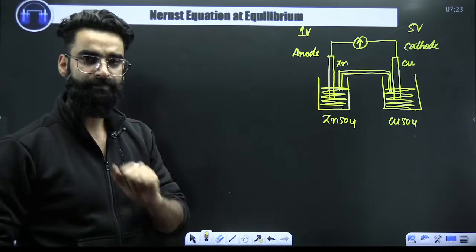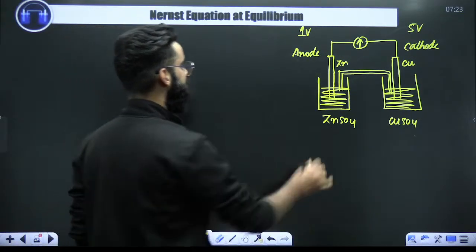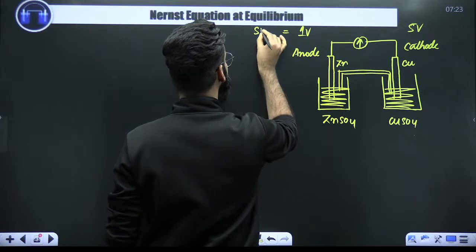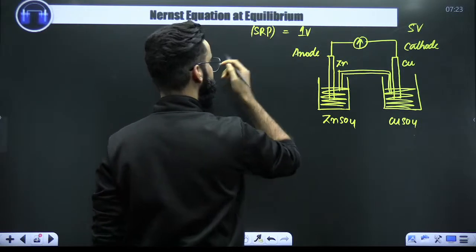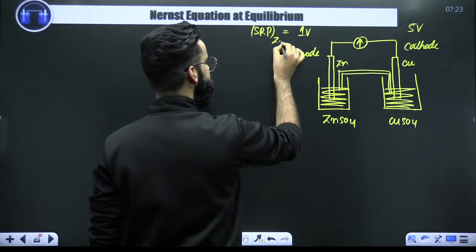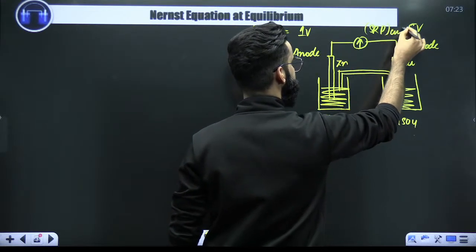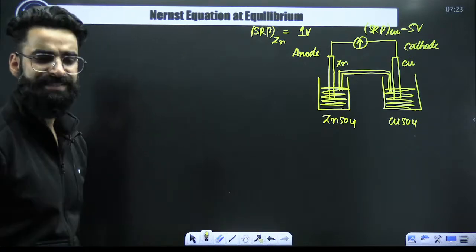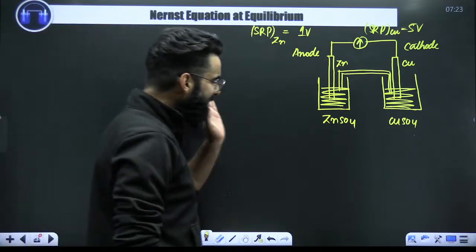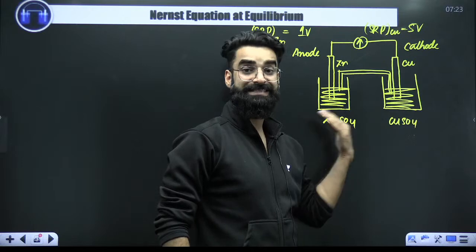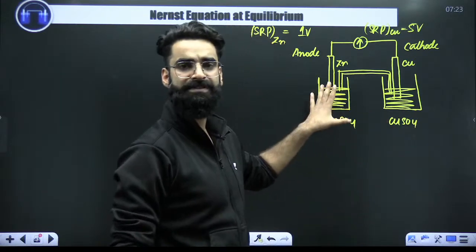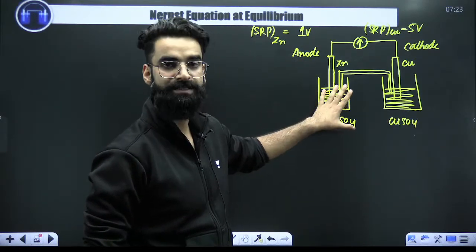Now guys, these are the arbitrary SRP values which I gave you, just to make you understand. Now tell me one simple thing. When the cell starts working, what happens at anode? Oxidation takes place.